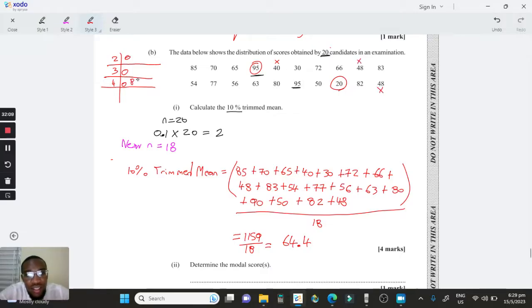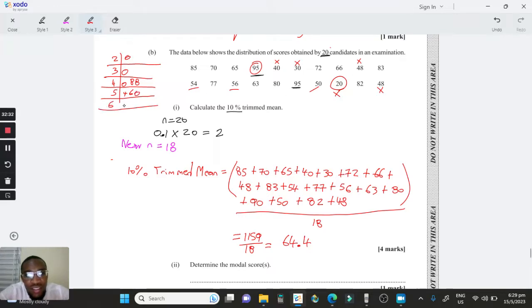Okay. So I already see something else that repeats. Nothing else in the 40s? Nope. So 48 is a possible mode as well. In the 50s, I notice I have a 54, a 56, and a 50. That's it.